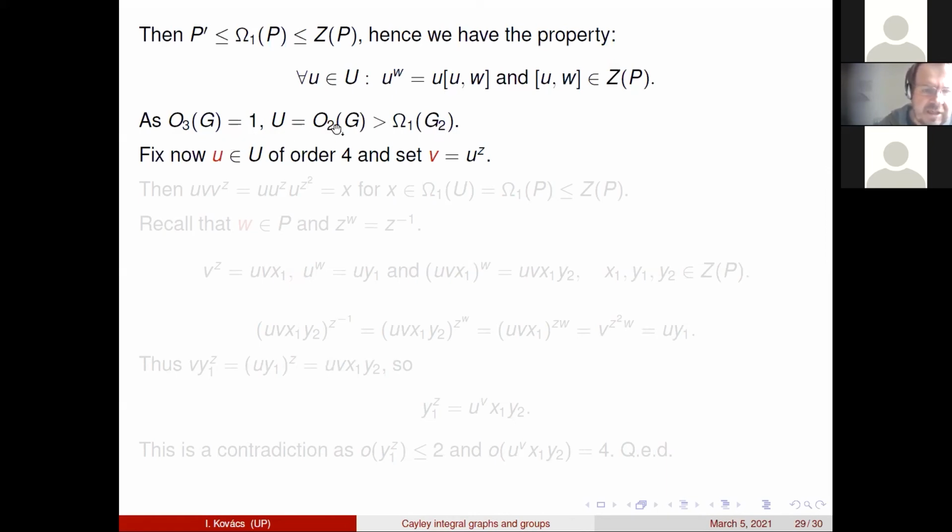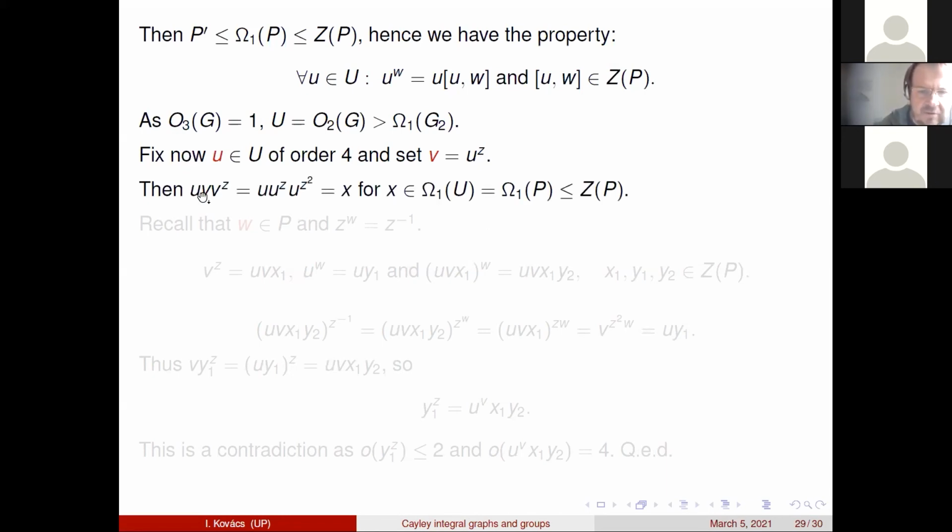Because of that, this is of exponent 4, and we can now choose an element U of order 4. So this will be the other important element. And the last important element will be its image under the conjugation by Z.